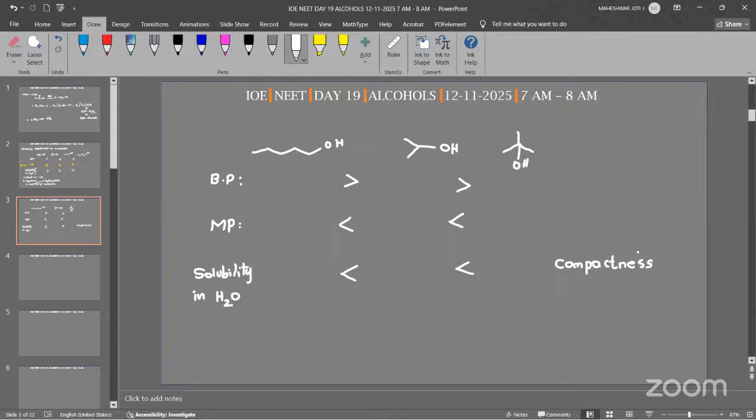So, compactness of hydrophobic part. Clear?